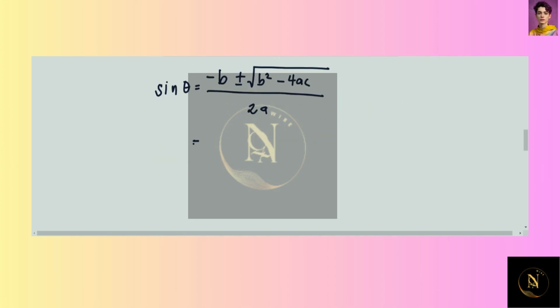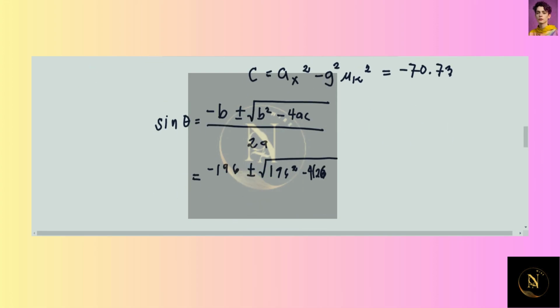This becomes negative 196 plus or minus the square root of 196 squared minus 4 multiplied by 266.78 and multiplied by negative 70.73, over 2 multiplied by 266.78.